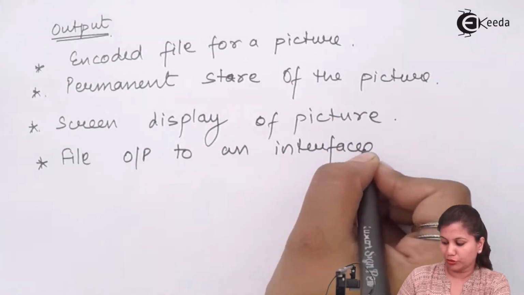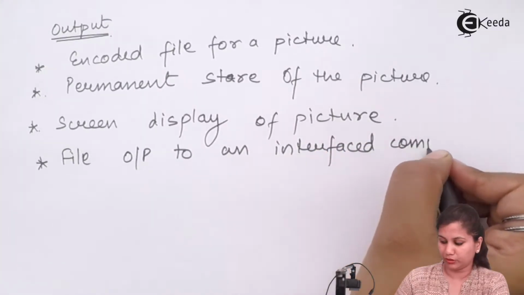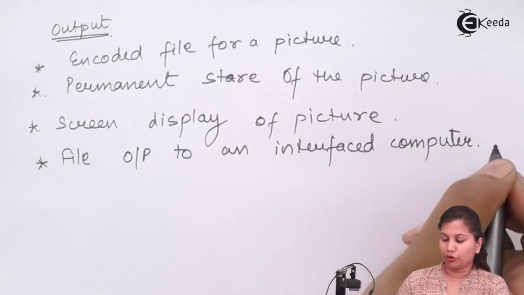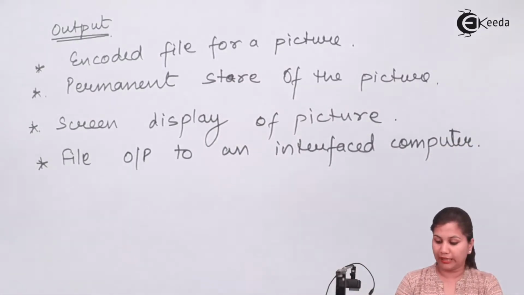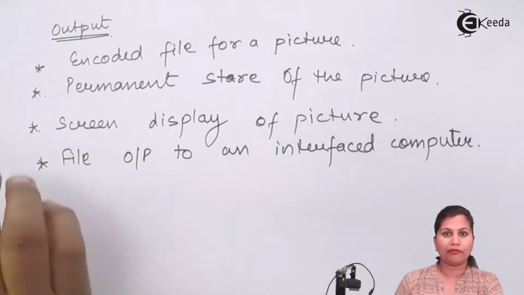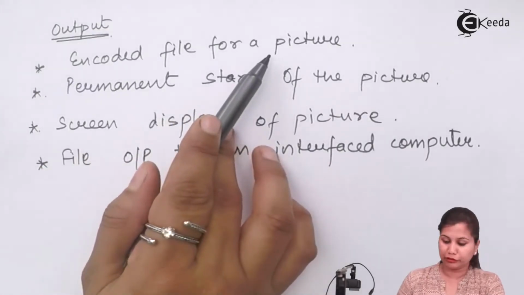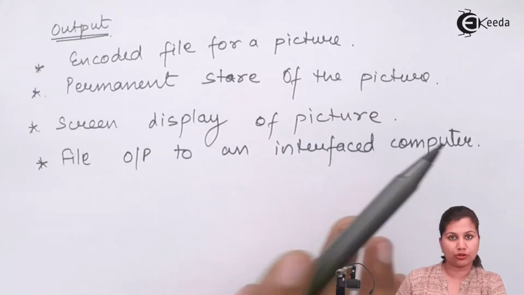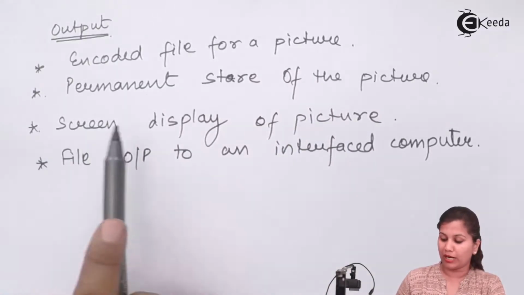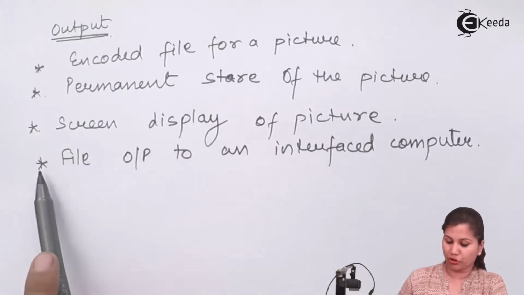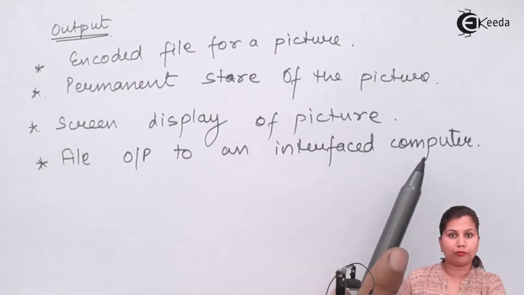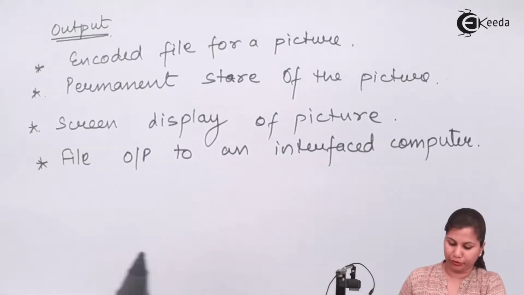On a computer also we can get an output of the picture. So the output of the digital camera can be in the form of any of these. It can either be the encoded file for the picture, or the permanent storage file in the memory, or a screen display of the picture, or a file output to an interfaced computer.